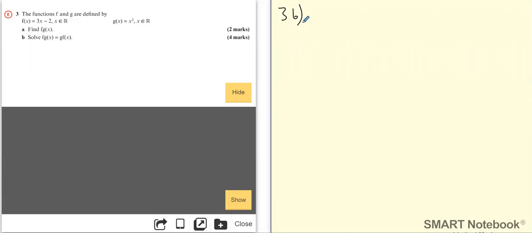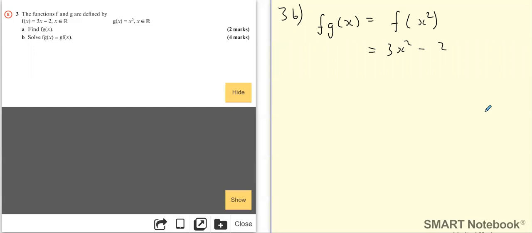So, what do we have here? fg of x equals gf of x. Now, first thing I'm going to do is work out fg of x. If I think about that, that is the same as saying f of x squared. And so that becomes 3x squared minus 2. Was that okay?